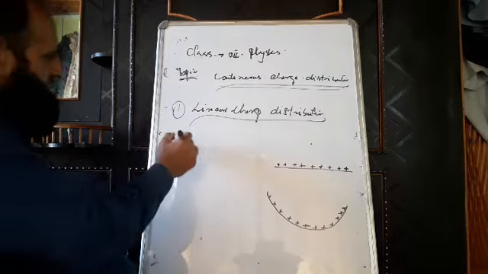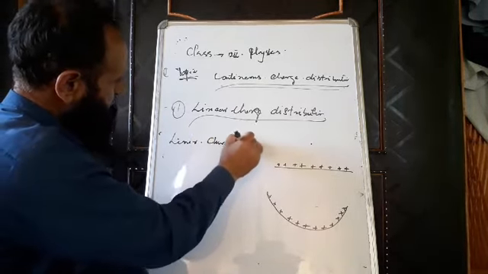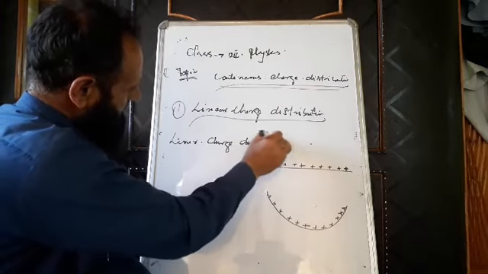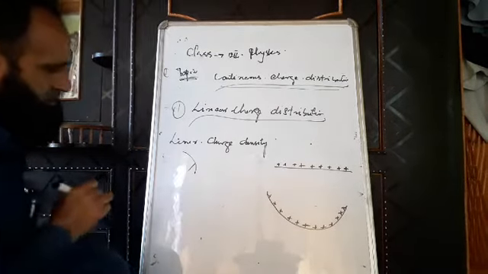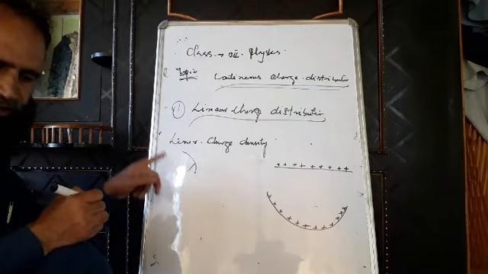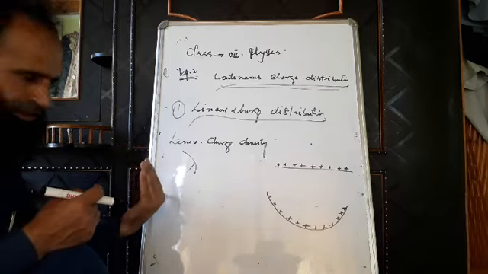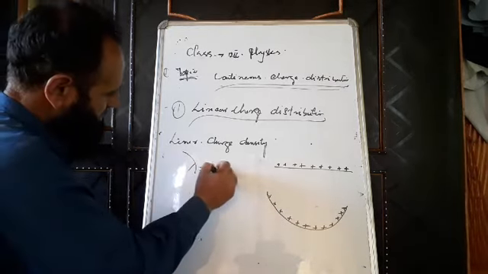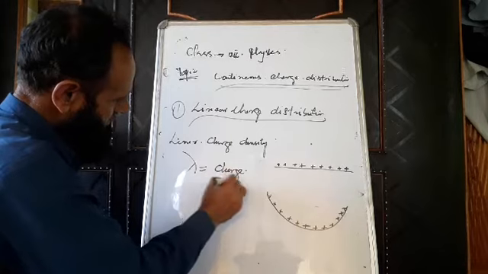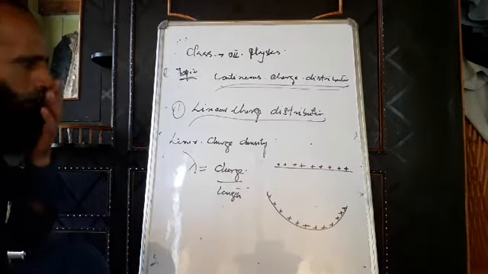Linear charge density is shown by lambda. It is defined as charge per unit length.